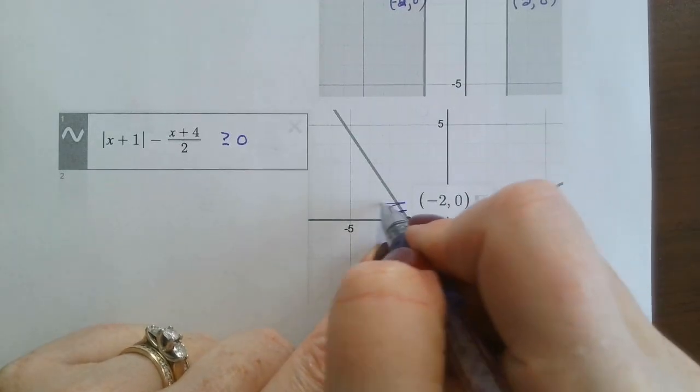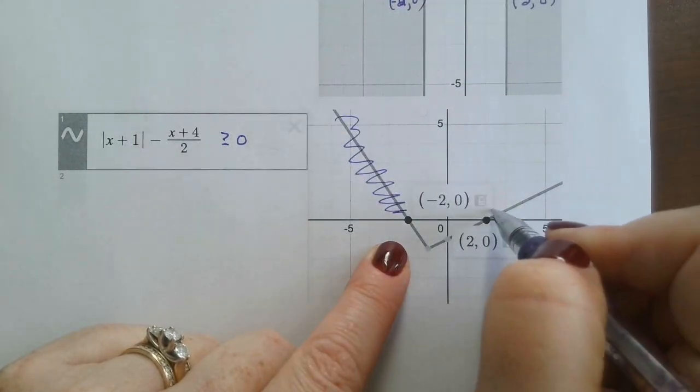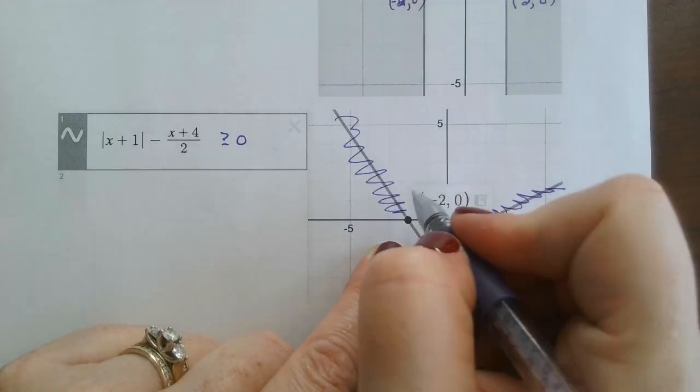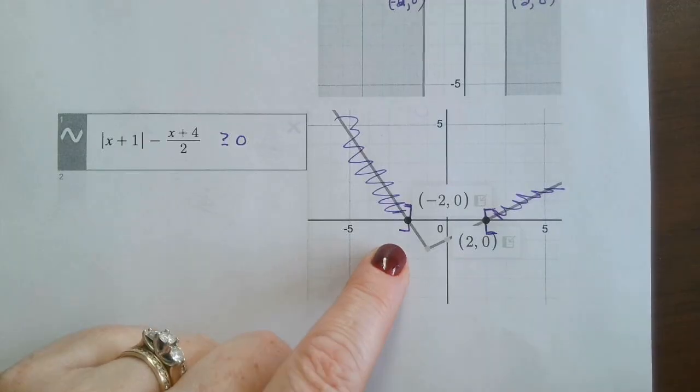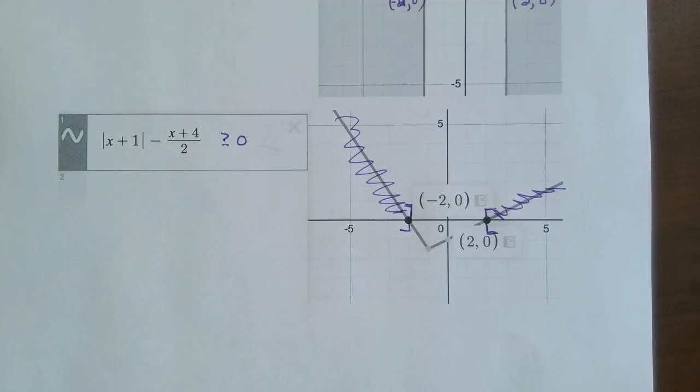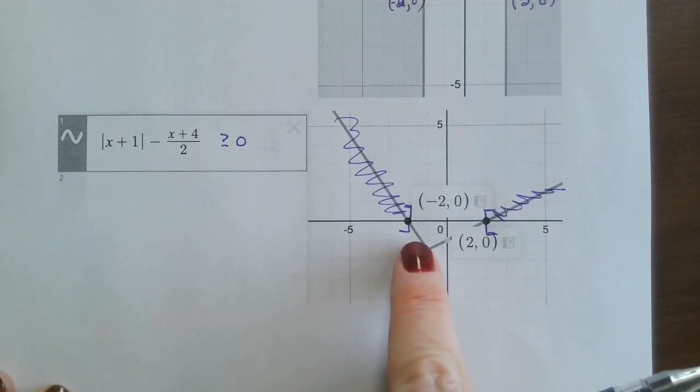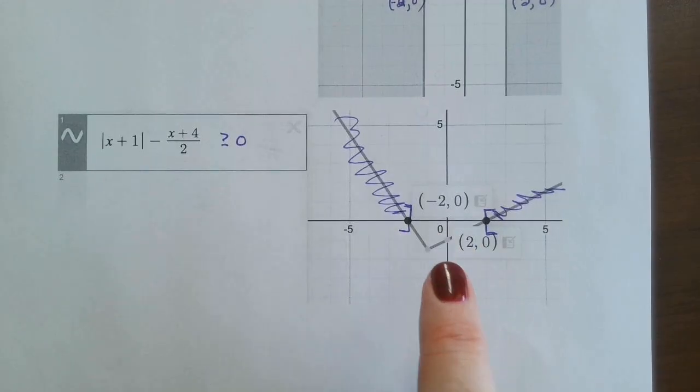Notice our graph is positive over here and above here, and it stays positive to the left and to the right of these values. So that shading also comes into play, where we have to think, where are our y values greater than 0? We can see that happen to the left. We can see that happen to the right. It is negative in between here because our graph dips below the x-axis.